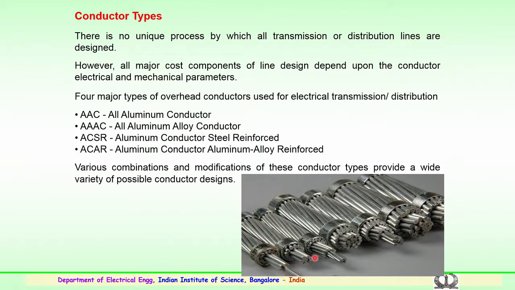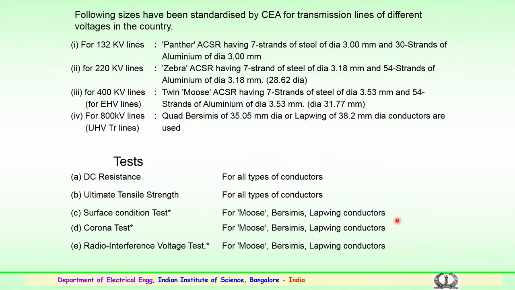The conductor dimensions, the number of strands and the number of steel reinforcements differ depending upon the transmission voltage and the current the conductor is to carry, both for distribution and for transmission systems. Various sizes are being manufactured across the globe.